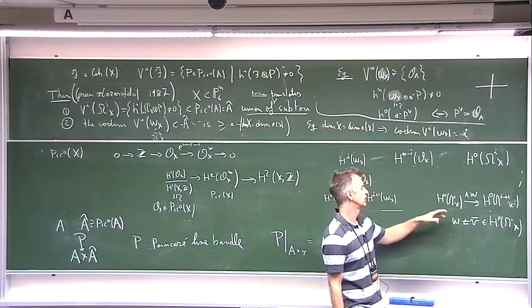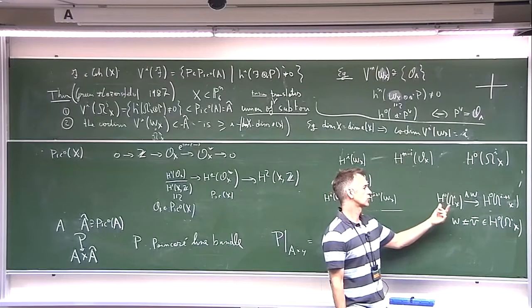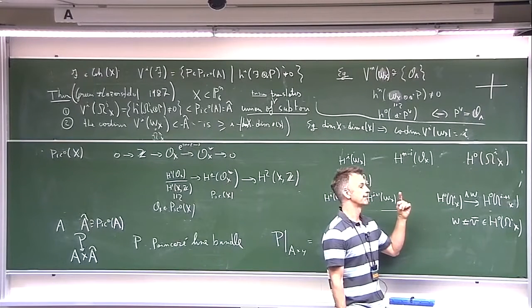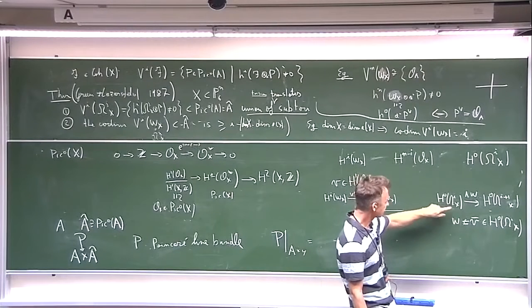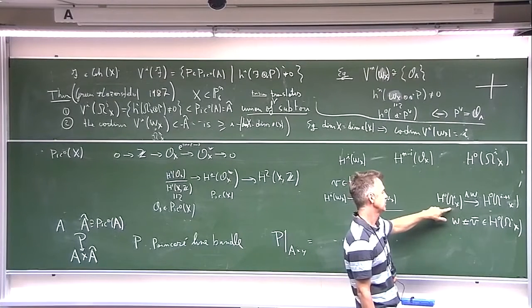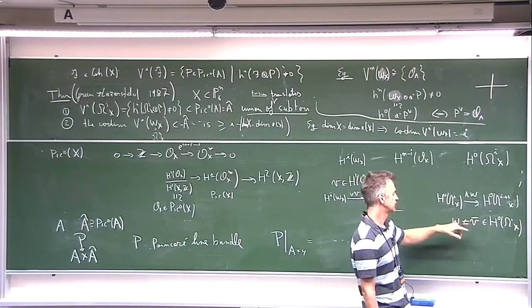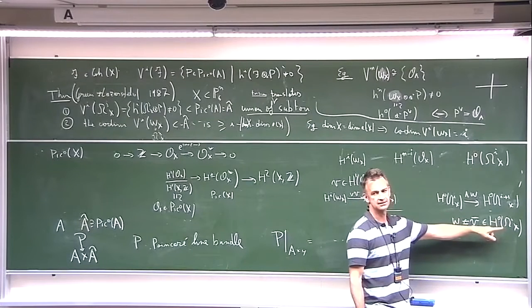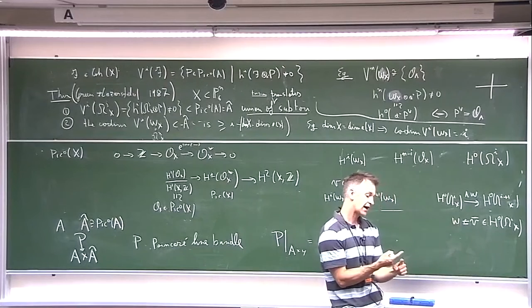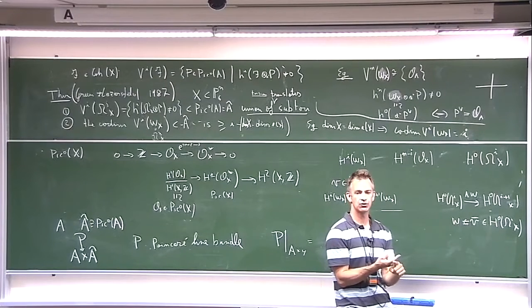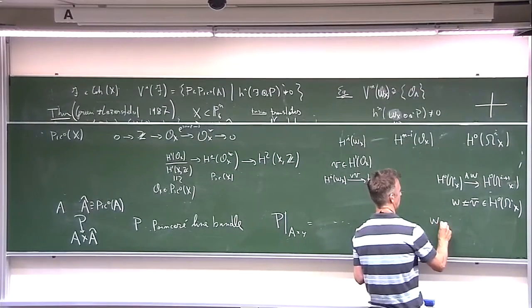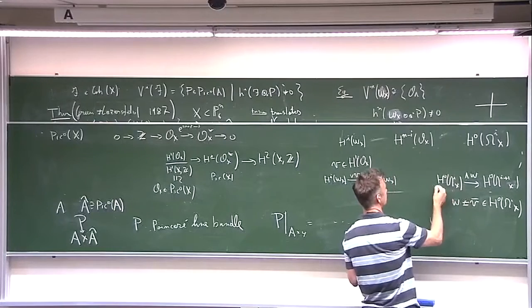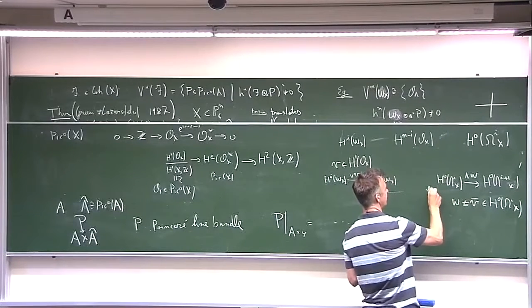So first of all, if you have a form here, and you wedge with something in H0 of omega^1 of X, you can check whether this wedge is zero or non-zero locally, right? So let's call an element phi in here.